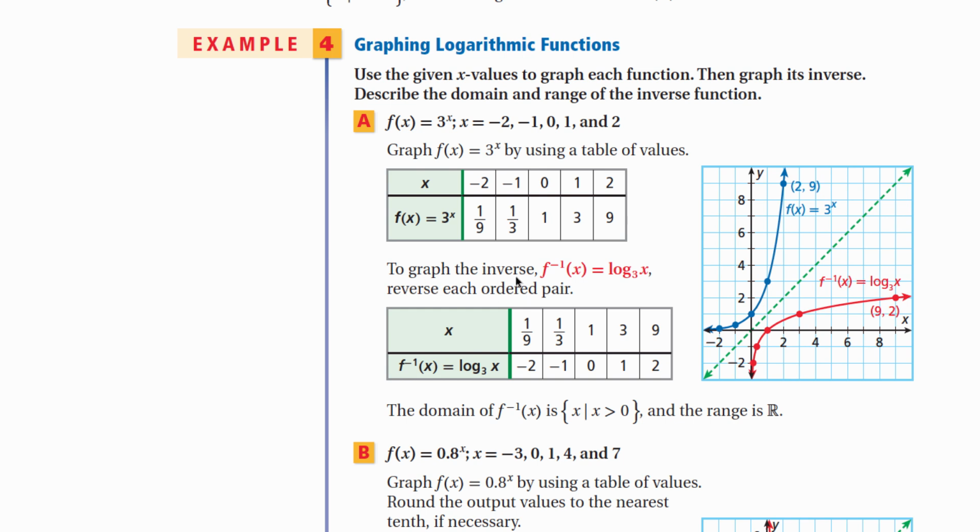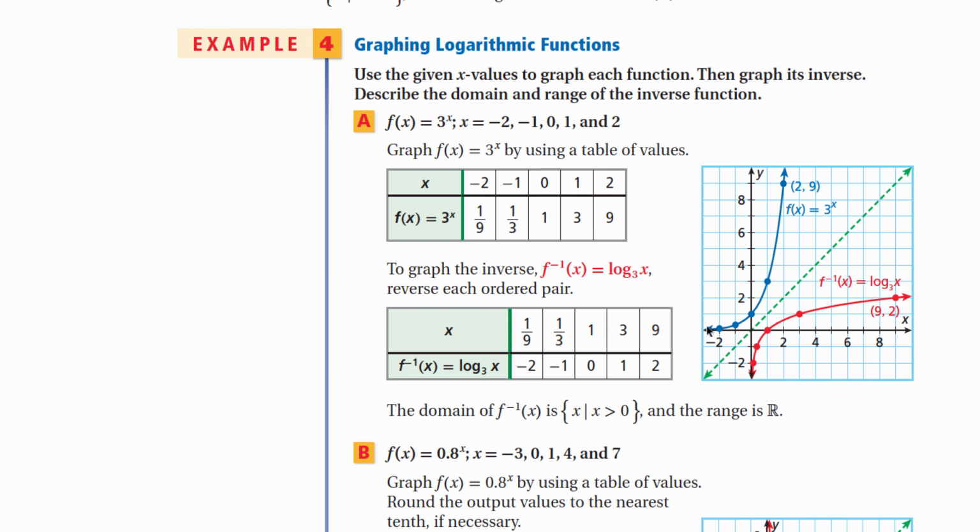Now to graph the inverse, we swap the x and the y values, just like we did in the previous lesson. So (-2, 1/9) becomes (1/9, -2). We swap all the ordered pairs, and we graph those ordered pairs, and we get our logarithmic function. So what's the domain and range of the inverse?